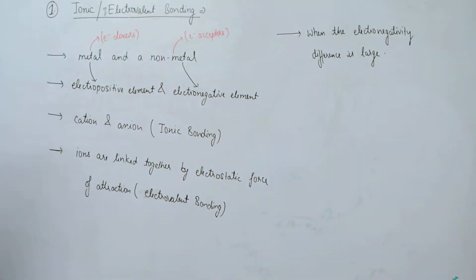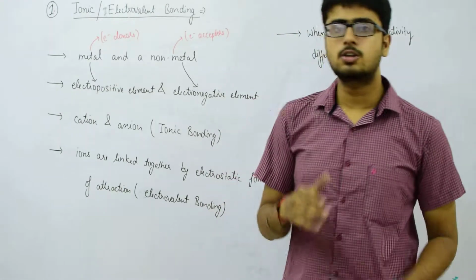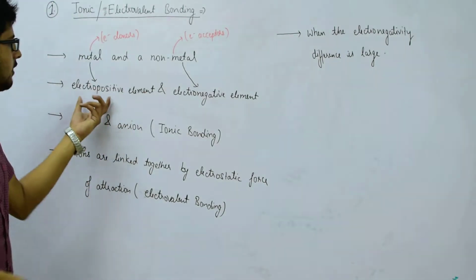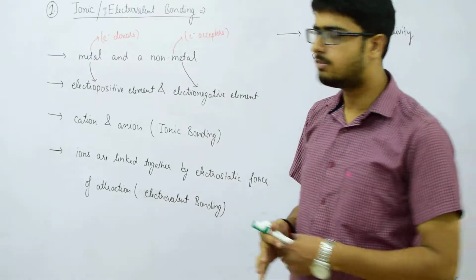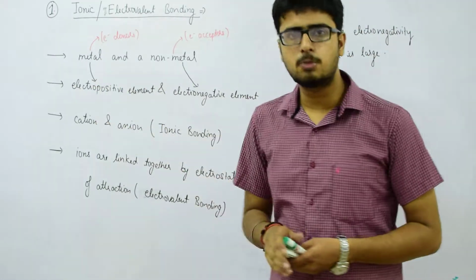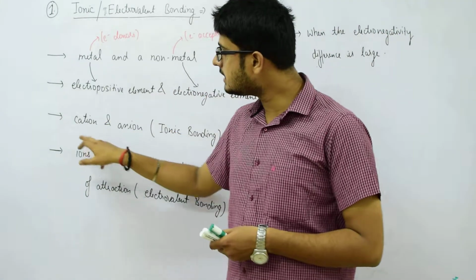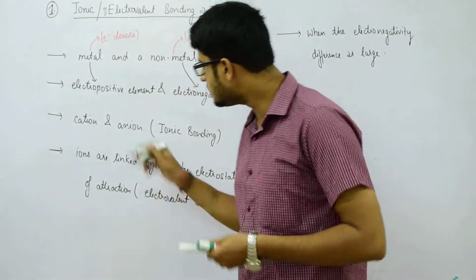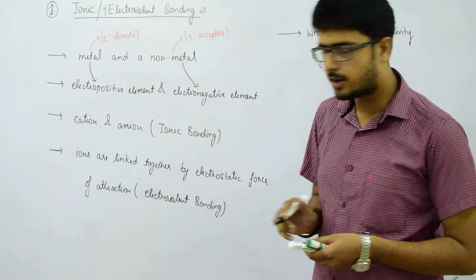To summarize: it is always formed between a metal and a non-metal, which are electron donor and electron acceptor respectively, or between an electropositive and an electronegative element, or between a cation and an anion. Since it is formed between two oppositely charged ions, it is called ionic bonding.